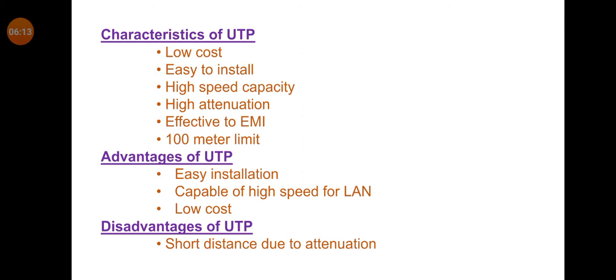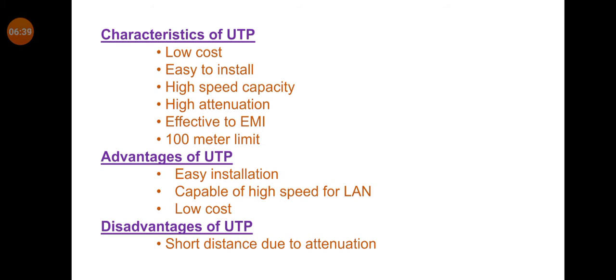Because of that decrease, the destination cannot receive data perfectly. That is why it is better only for short distance data transmission. Because of this point, it is a disadvantage. For long distance transmission, we cannot use unshielded twisted pair.